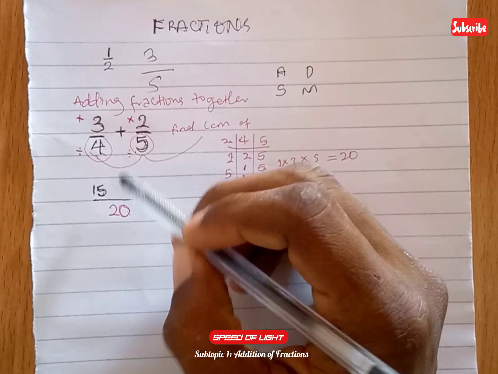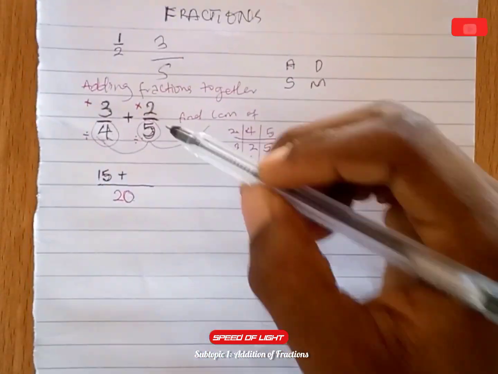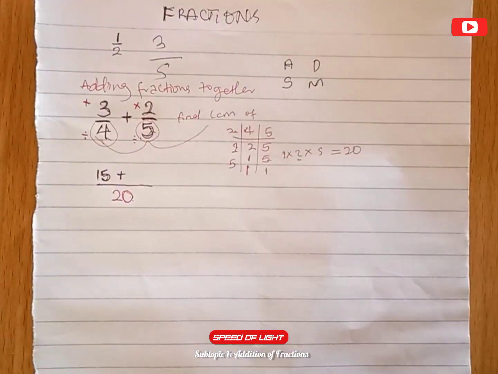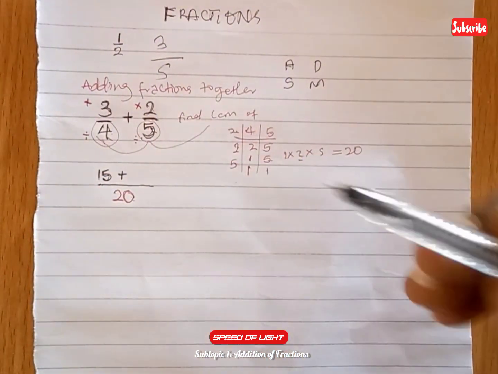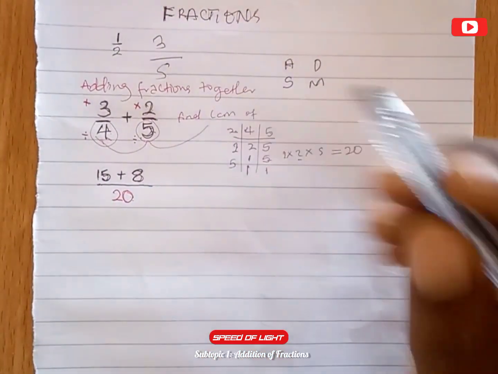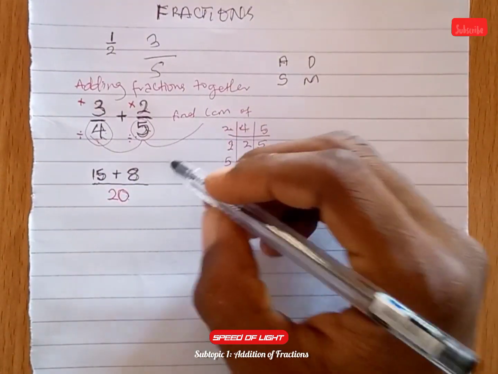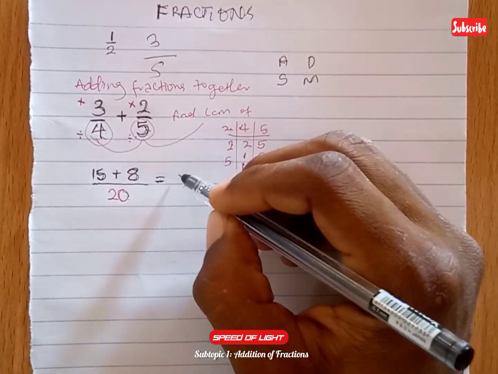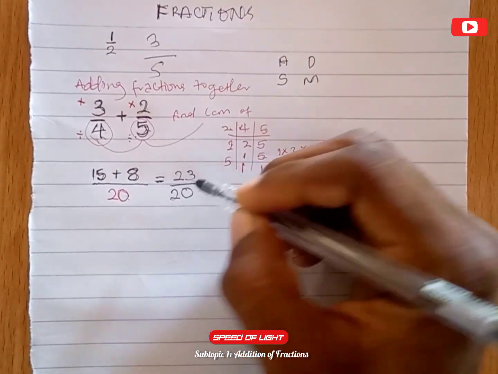Now after 15, we have the plus symbol. 20 divided by 5 gives us 4. 4 times 2 gives us 8. Do you see that? So we have 8. Now 15 plus 8 gives us a total of 23, so the answer is 23 over 20.